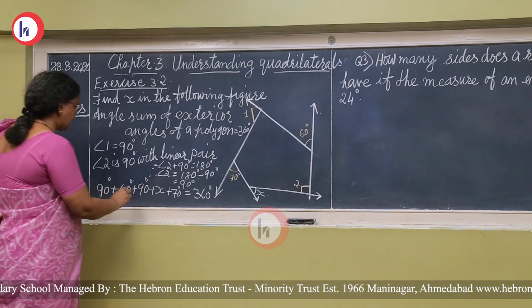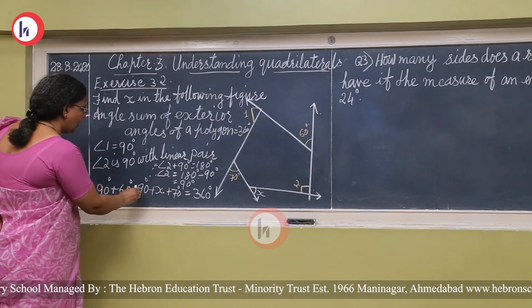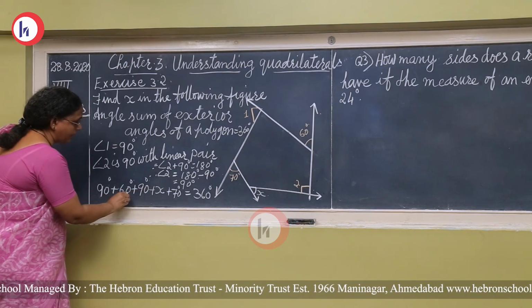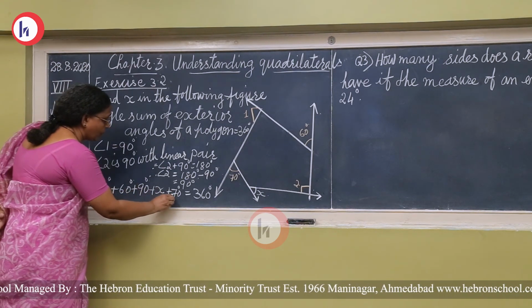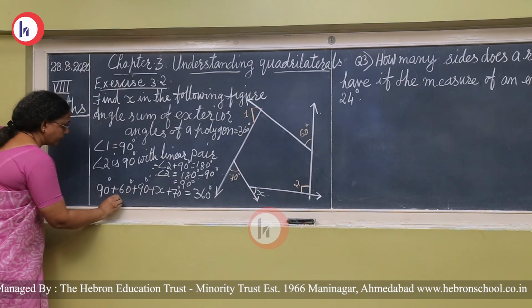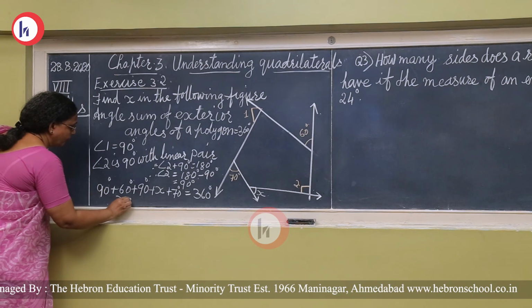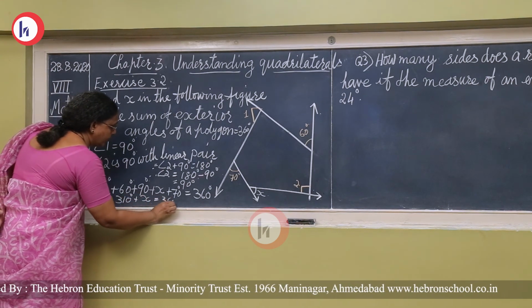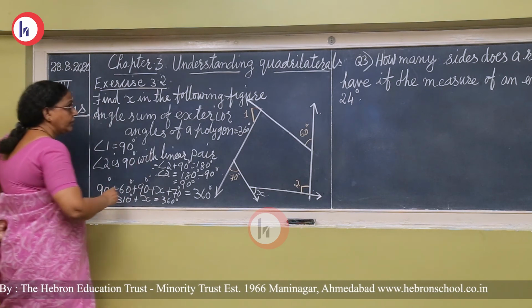Now 90 plus 90 is 180 degrees, 180 plus 60 is 240, 240 plus 70 is 310, plus x is equal to 360 degrees.